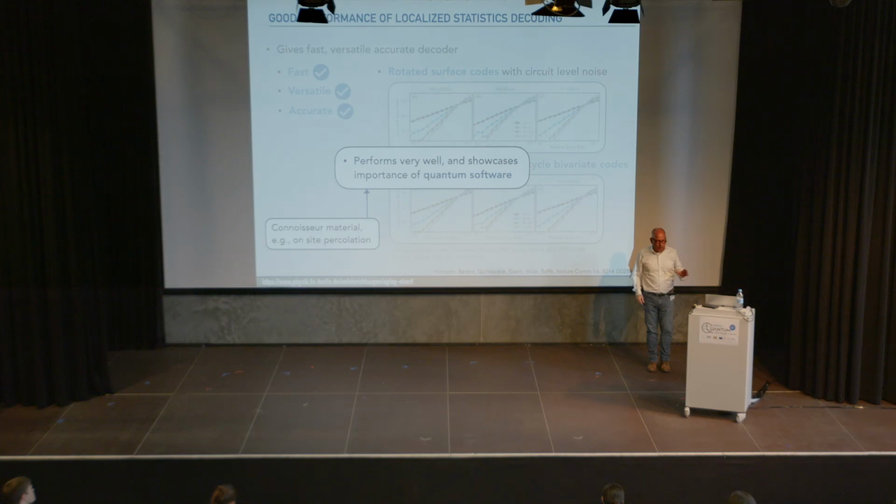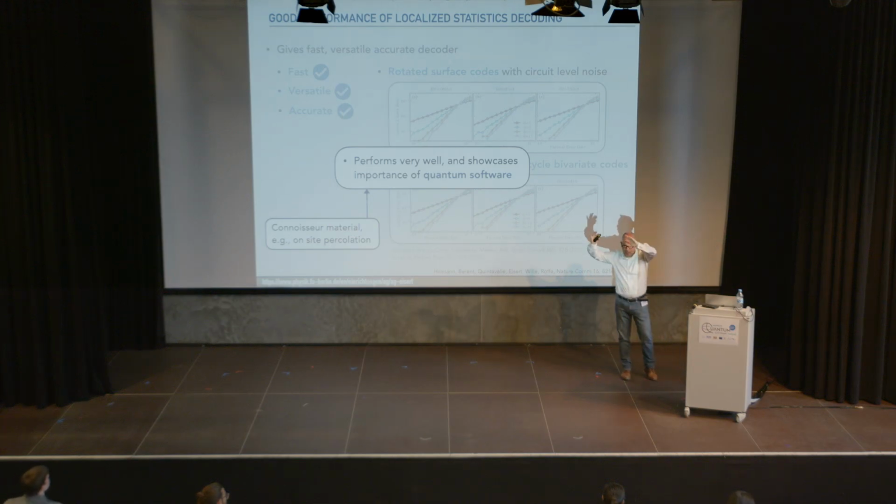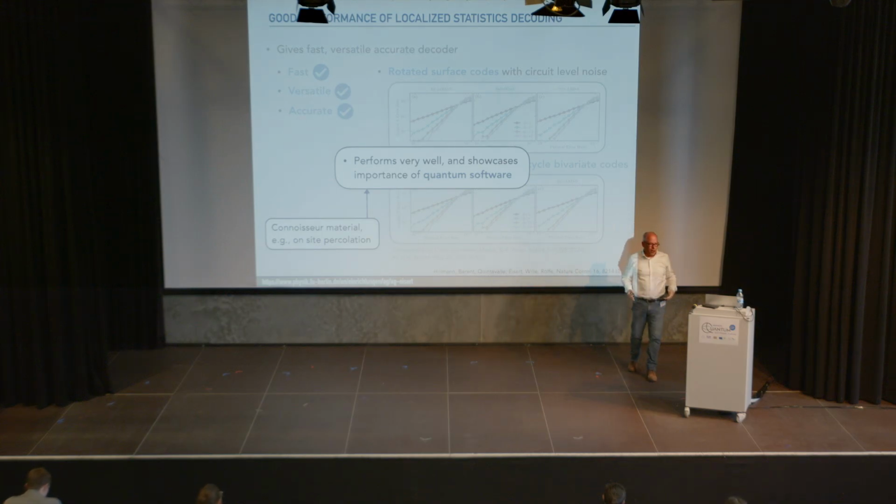So this performs very well, and it's a nice showcase of how quantum insights, like physics insights, and quantum software come together to make a decoder that scales well and has all of the desired features.